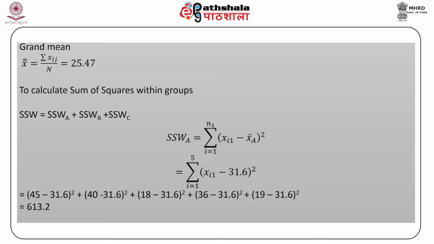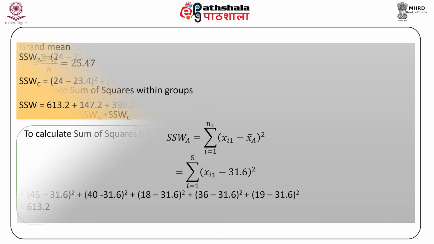This is the summation of X1i minus 31.6 whole squared from 1 to 5. If I elaborate it further, this is equal to the first cell value 45 minus 31.6 squared plus 40 minus 31.6 squared plus 18 minus 31.6 squared plus 36 minus 31.6 squared plus 19 minus 31.6 squared. On summation, you get 613.2.